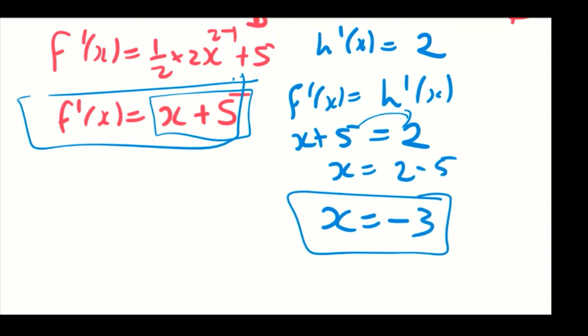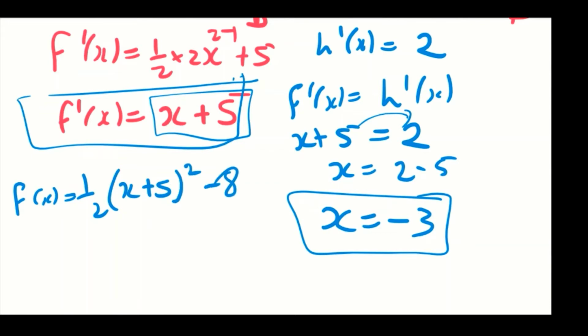So now that we know the x value of the point of contact between these two, we need to find the y value, right? You can substitute the x value into the original equation of f of x, where it was 1 over 2 into x plus 5 squared minus 8, right?